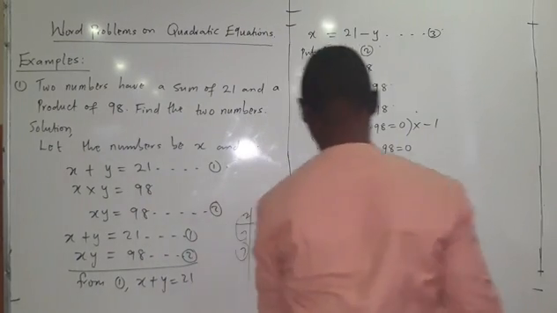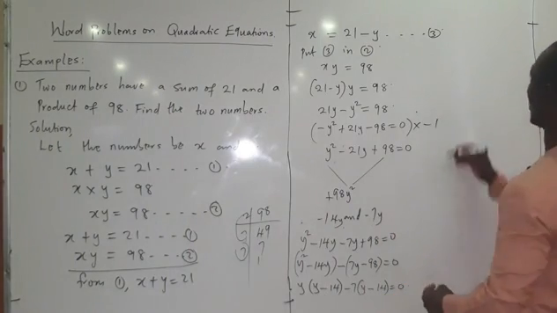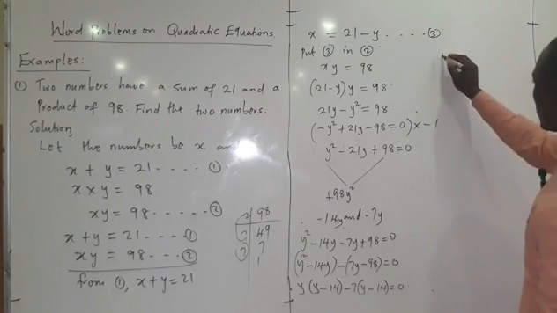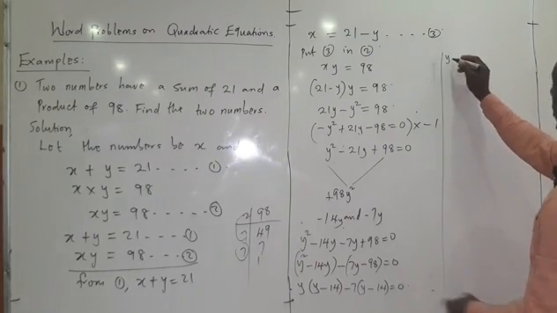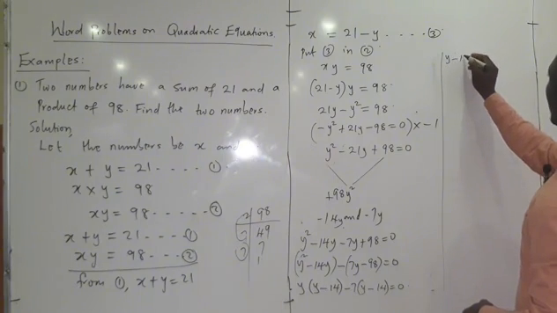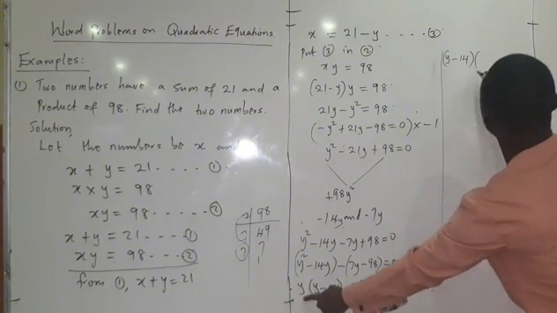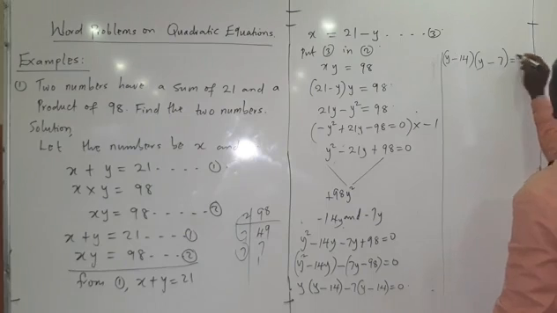So you can now look for another common factor, which is y minus 14, y minus 14. Just take one out of the two, y minus 14. So we have y minus 14 in bracket, then we are left with y minus 7 equals 0.